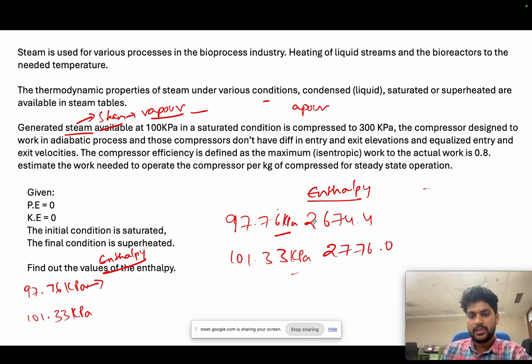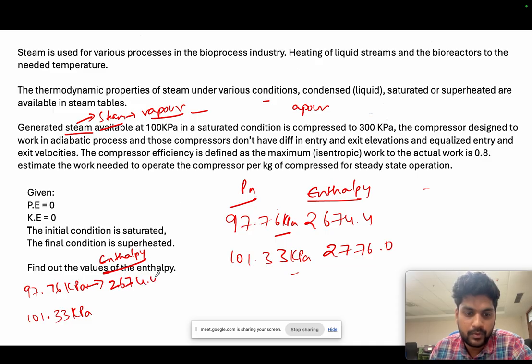Okay, so these are the two values, right? You can see the screen now. Is it correct, the values which I have written? 2674.4. Sir, for 101 it is 2676. Okay, fine.